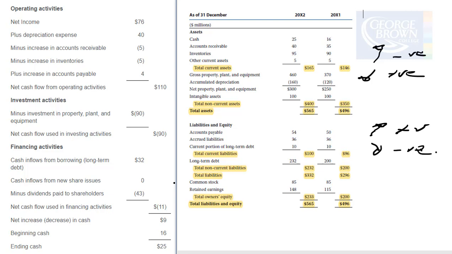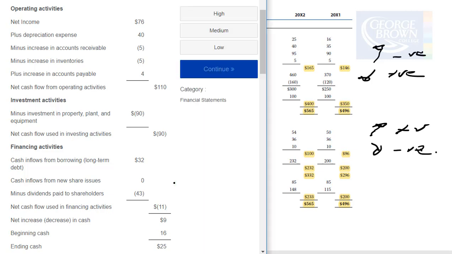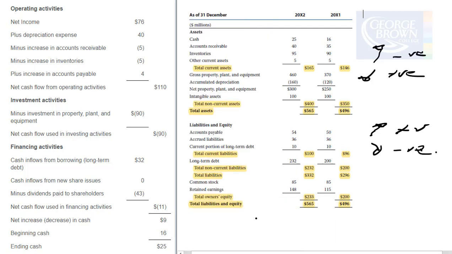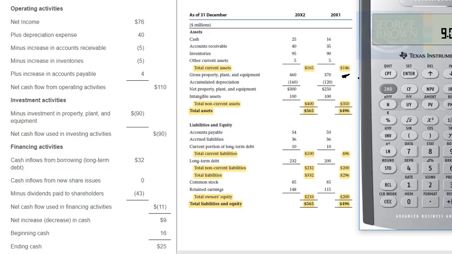The next category is really easy to understand. It's the investment activities, and with regards to the investment activities, you can see here that we're looking at the plant, property, and equipment. And as I mentioned, plant, property, and equipment went from 370 to 460. So if I just bring up the calculator here and move it into appropriate space, just one second.